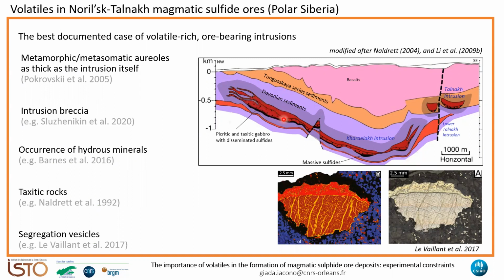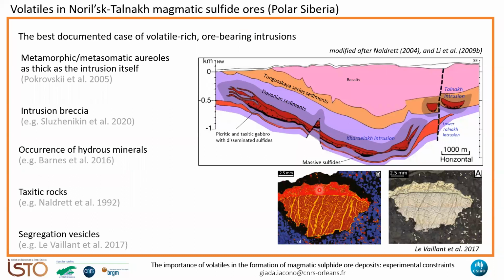So there is the occurrence of hydrous minerals and of taxitic rocks, which are very complex rocks with variable textures and variable compositions, and they have some signature of magmatic breccia.